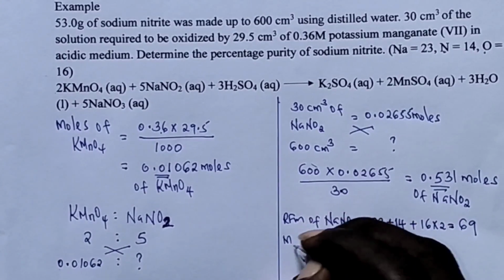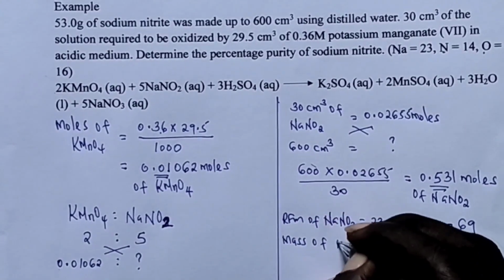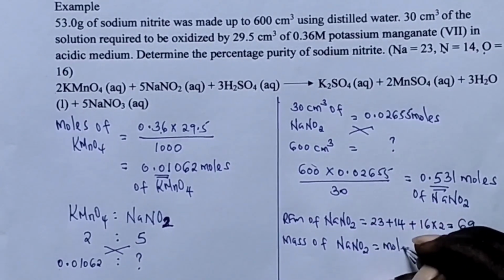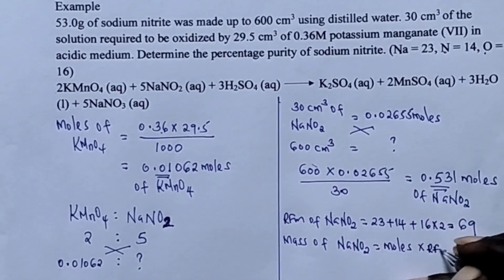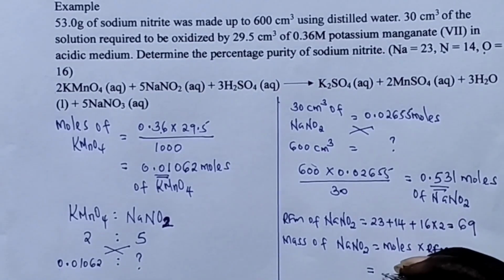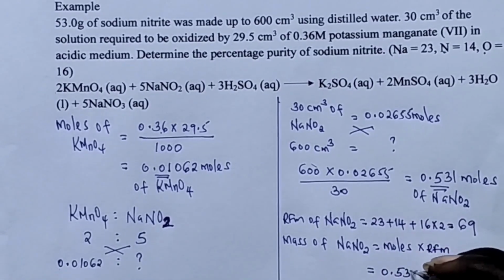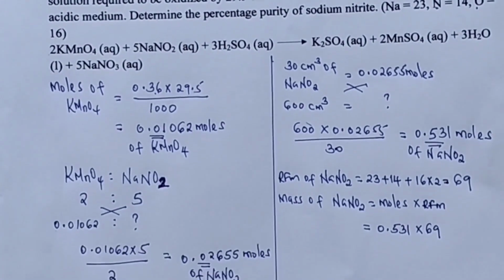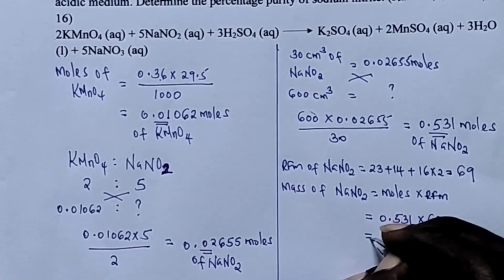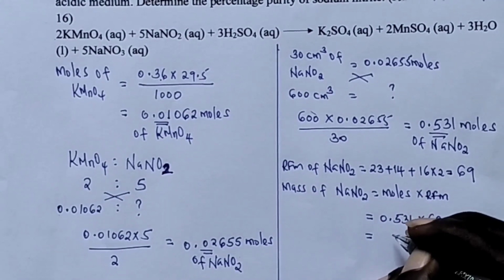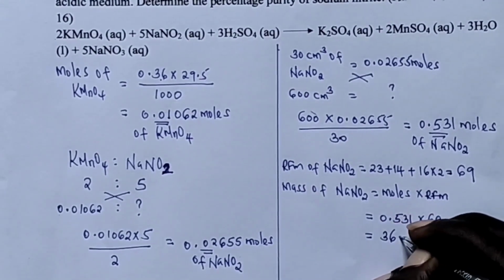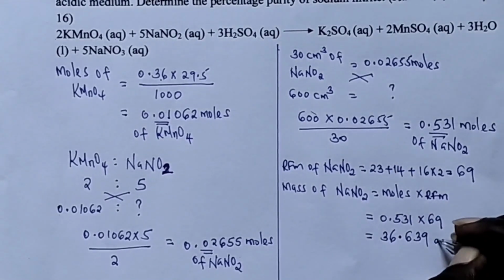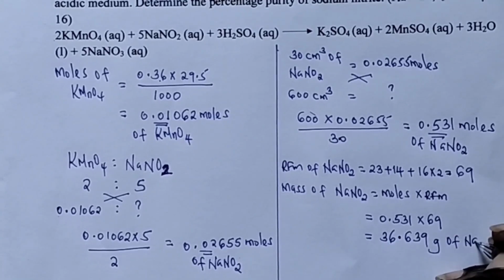So the mass of sodium nitrite is given by moles multiplied by RFM: 0.531 multiplied by 69. If we put this in the calculator, we get 36.639 grams of sodium nitrite.